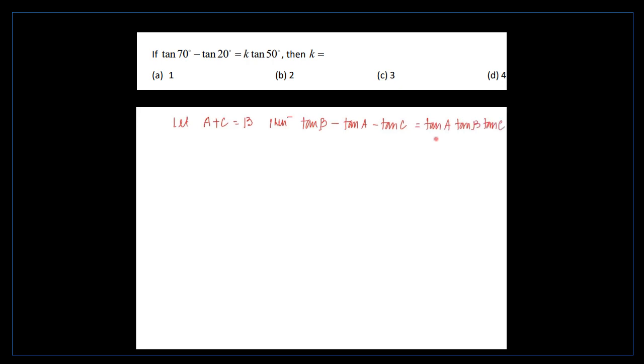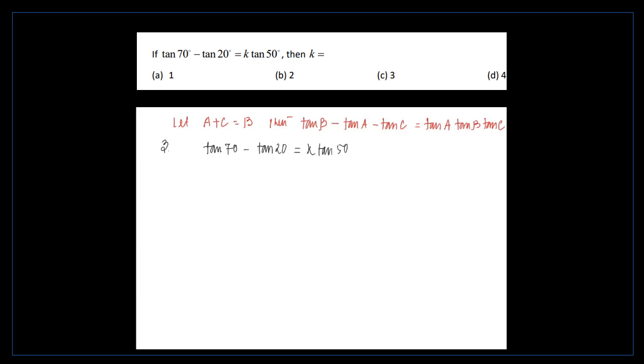Now, how this result will help us? Let us take the next sum, or you can understand very easily. You have to find the value of k here, or the given expression is tan 70 minus tan 20 equal to k tan 50.